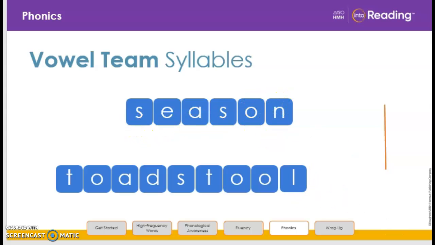Season. And if you look down below, we have toadstool. That's a funny word, toadstool. So it is a compound word, and if we divide it up, we have toad, T-O-A-D, and stool, S-T-O-O-L. And you put that word together, and it makes toadstool.